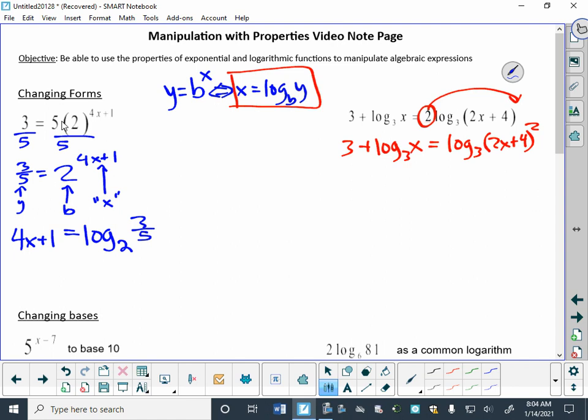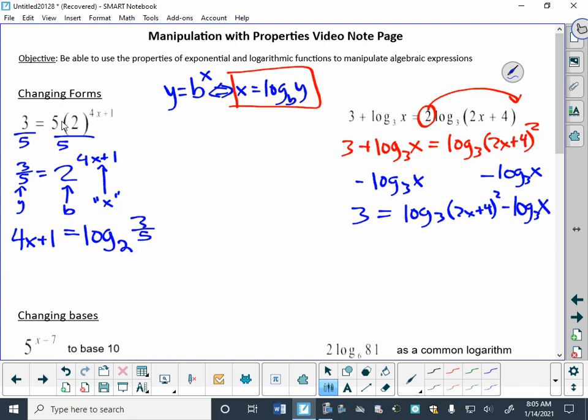I'm going to subtract the log base 3 of x from both sides, just because my target here is to have just a single logarithm on one side, and this is 2 of them over here, and that would give me a 3 equals log base 3 of 2x plus 4 squared minus the log base 3 of x.